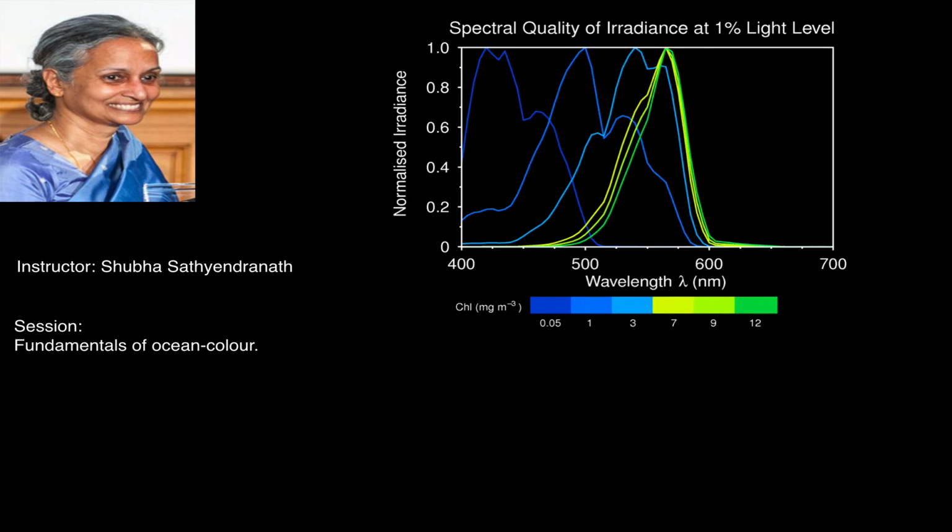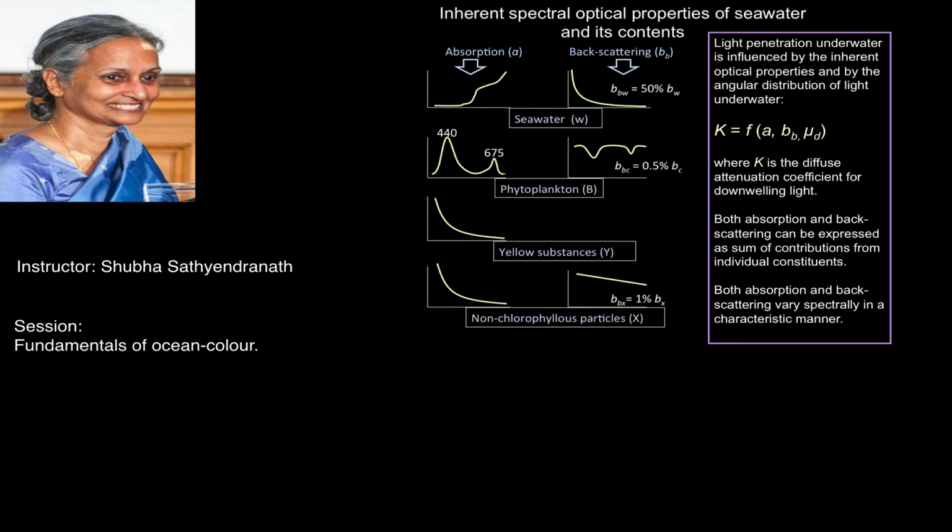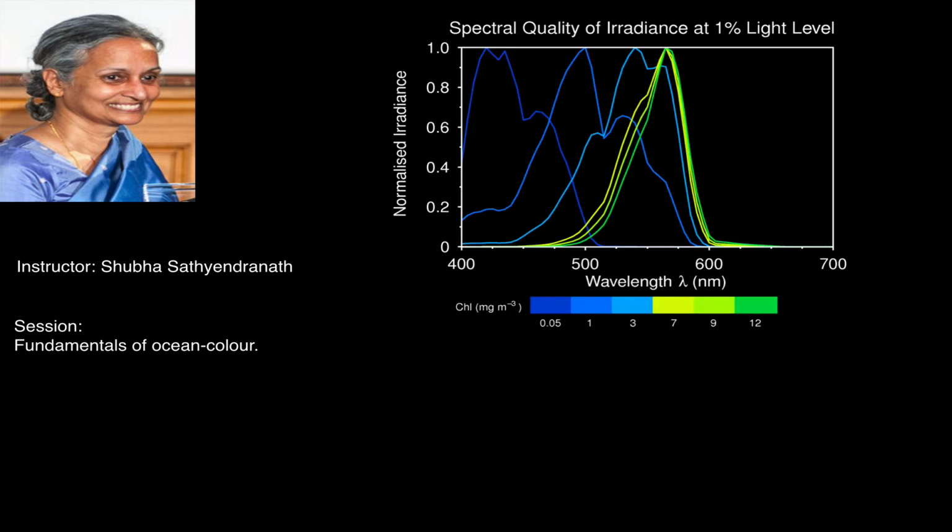And because these have spectral dependencies, as we saw quite briefly yesterday, the spectral quality of the light also changes with depth, and it changes with how much phytoplankton and other substances might be present in the water. If the water is very clear, the spectral form of the light at the photic depth, or the 1% light level, will be very blue.